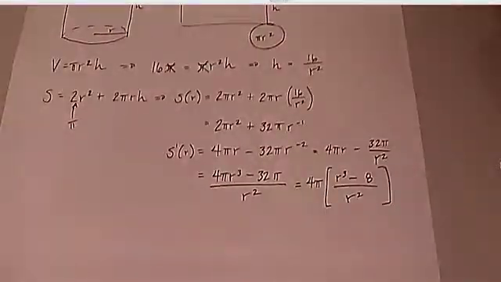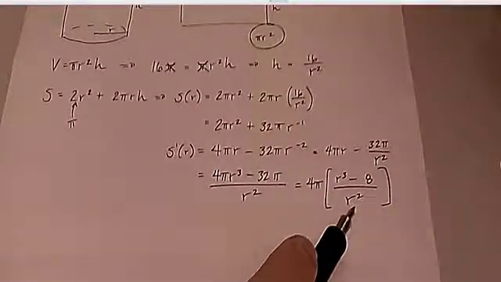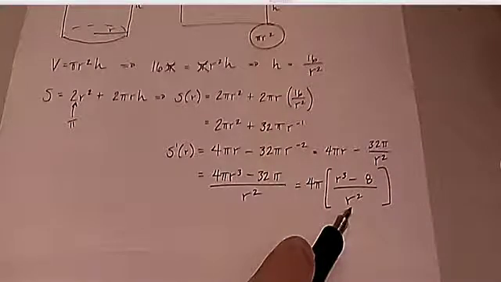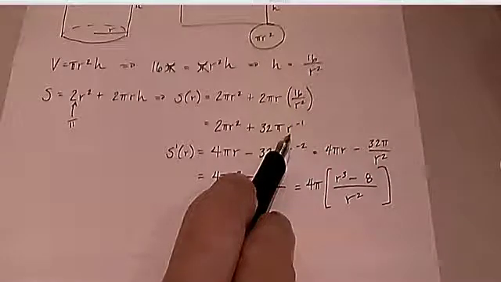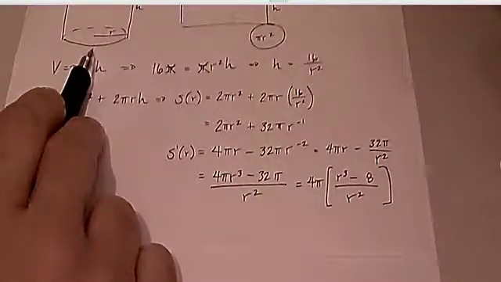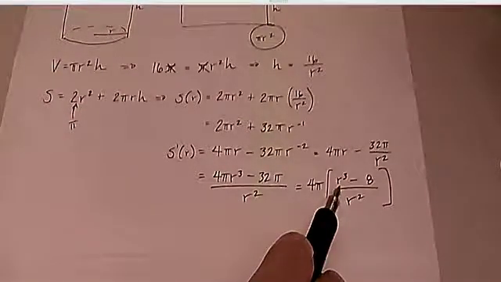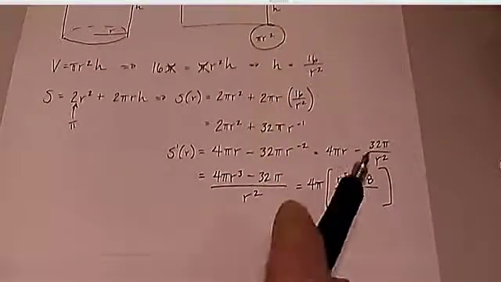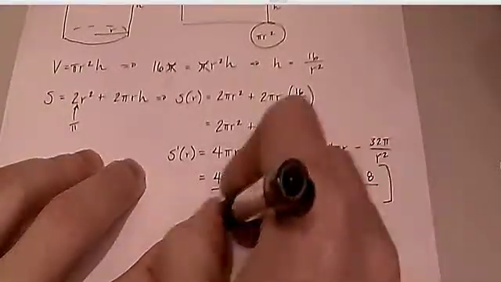And all of a sudden, this is shaping up to be a rather easy problem. Again, a critical value officially would be r equals 0 right there. But of course, it's not really a critical value because it's not even in the domain of the original once you've gotten it in terms of a single variable. And of course, it describes a nonsensical scenario, one in which your radius is 0. Okay? But you do have r cubed minus 8. R cubed minus 8, when you set it equal to 0, r is going to be equal to 2. Your critical value is r is equal to 2.